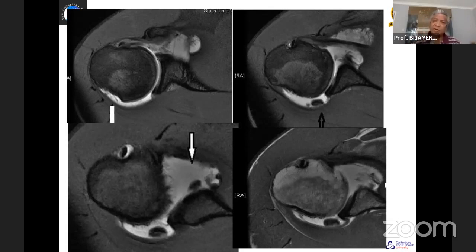History-wise, I need to know a few things. Age of the patient, first time the dislocation happened, the last time the dislocation happened, how many episodes of dislocation have happened, how did the first episode happen, and how often has it come out, and has the patient needed to attend a hospital emergency department for relocation?